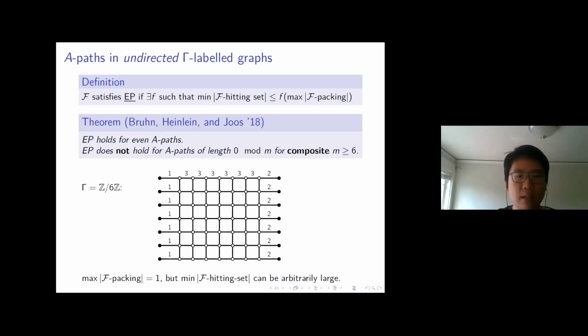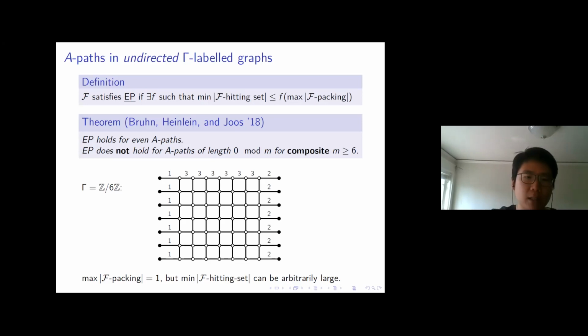Okay, and it's easy to see that if you look at the paths that go from left to right, but also use an edge in the top row, you can't find two disjoint paths of that form, just because of planarity of this grid. So the maximum size of a packing of A-paths of length 0 mod 6 is 1. You can't find more than 1.